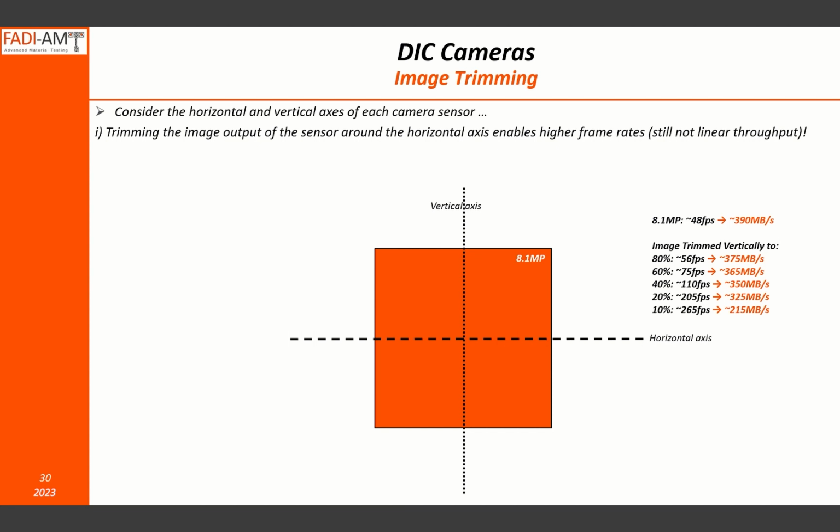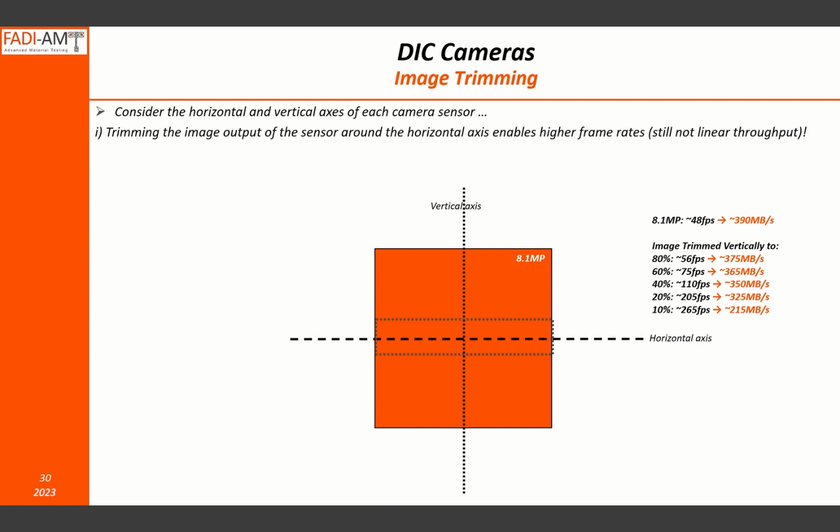If you were to trim the image vertically around the horizontal axis, just like these, as you can see my rectangles, so you go from 100% to 90% to 80 to 70 to 30 to 20, whatever. You can see my tabulated data on the top right.